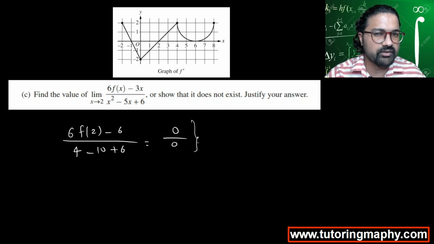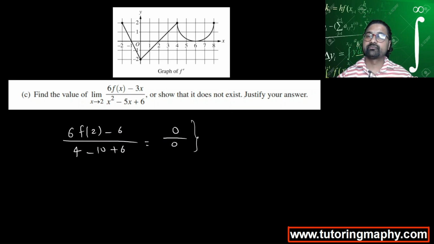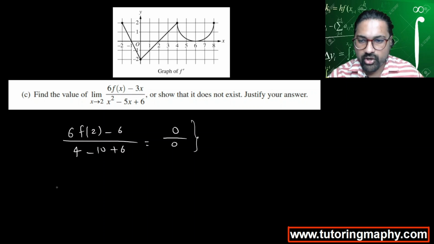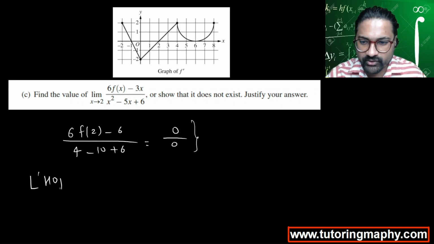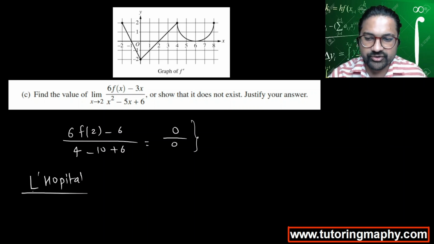And remember a very important, very effective rule, let's call it a method, which we can use to evaluate the 0 over 0 or infinity form. That is L'Hopital's. So I'm going to use L'Hopital over here. What L'Hopital suggests is you find the derivative of the top and the bottom separately till the indeterminate form is ruled out.